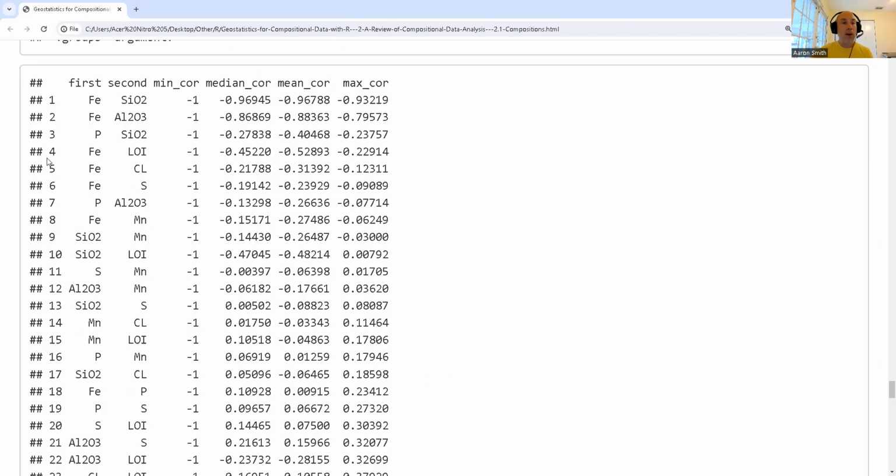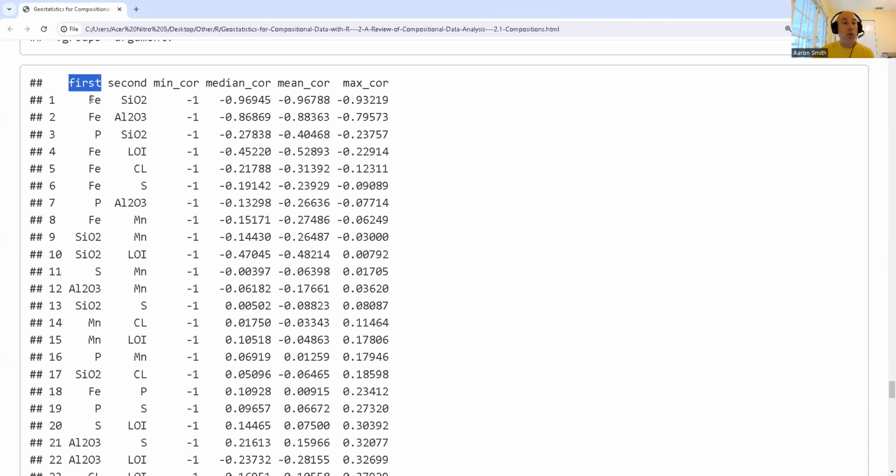All right, so now I take every single possible combination. I set it up so that each pair appears exactly once. Remember, the correlation of A and B is the same as the correlation of B and A. Order doesn't matter for correlation. So this is all possible pairs where order doesn't matter.